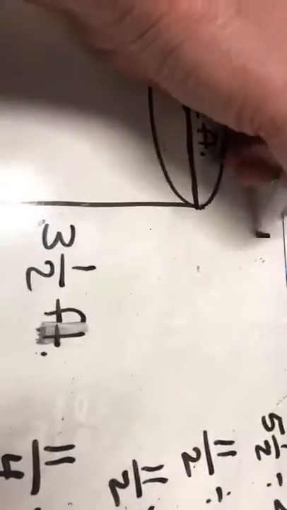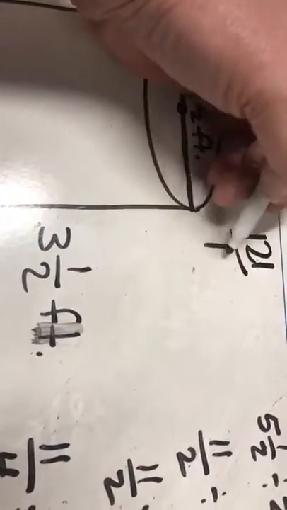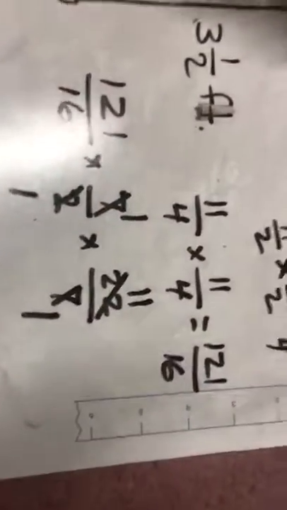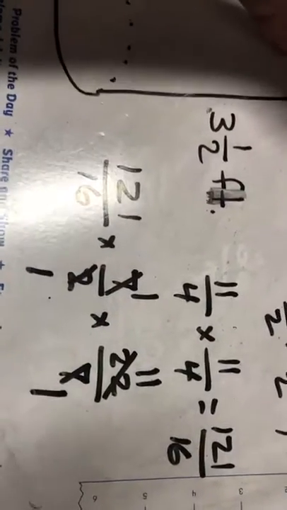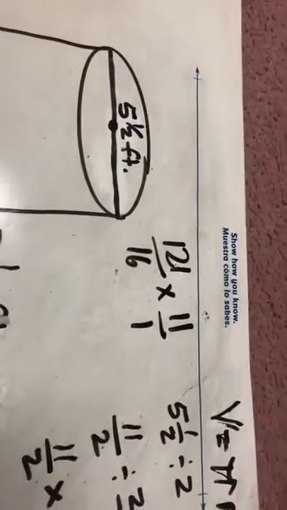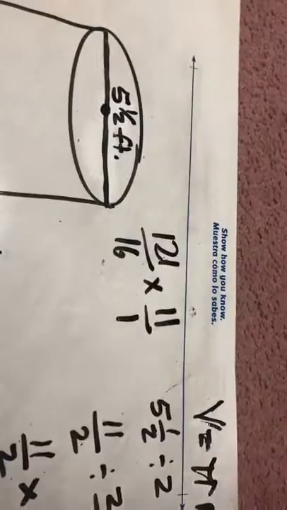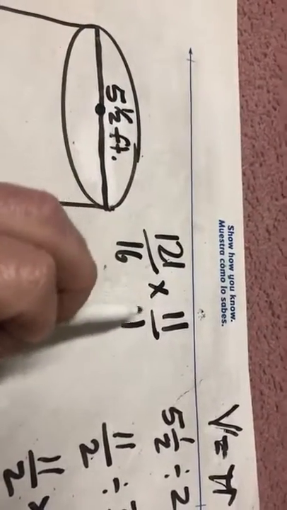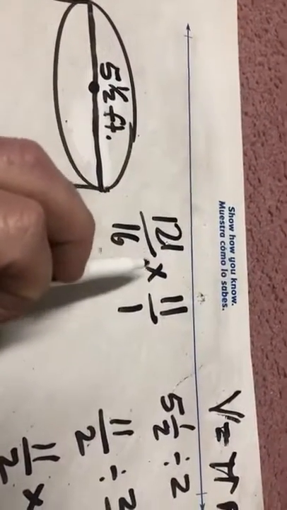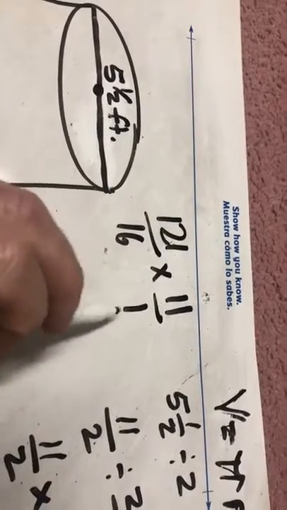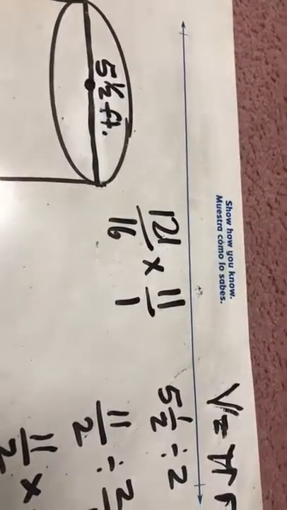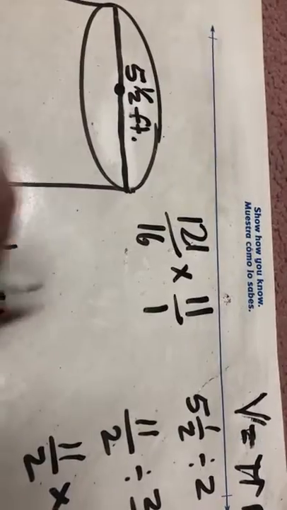So that leaves me with 121 over 16 times 11 over 1. So I'm doing that, and I'm looking here, and I'm thinking, well, I can't cross-check, but I need to be able to now multiply this. But it made it a little easier than doing that.